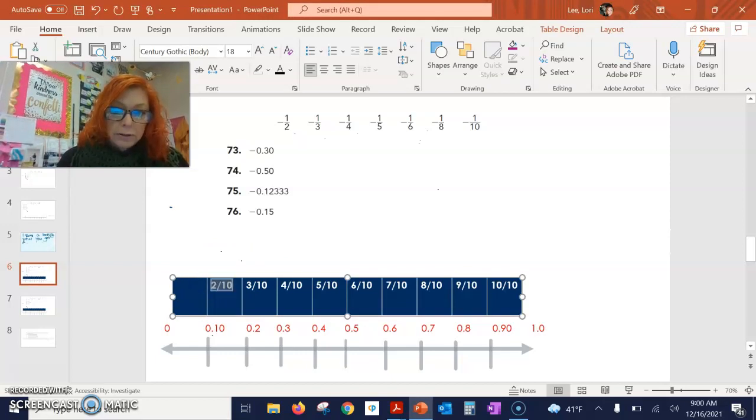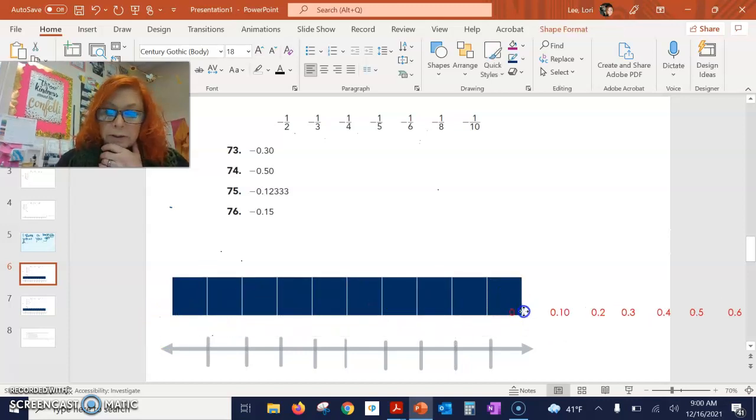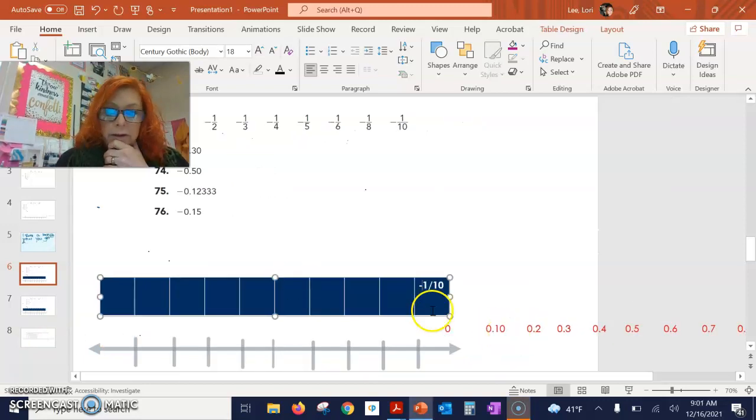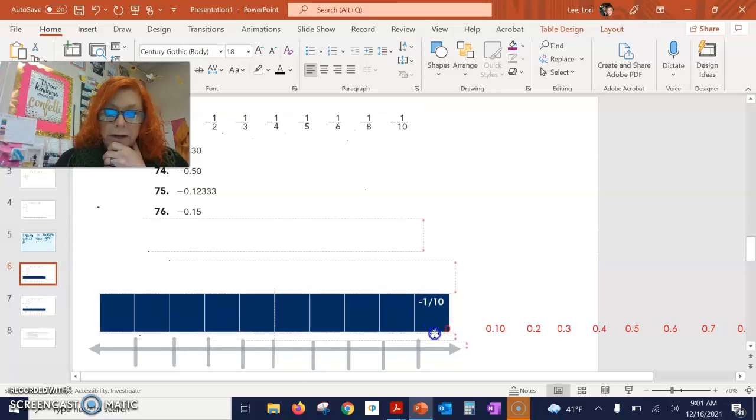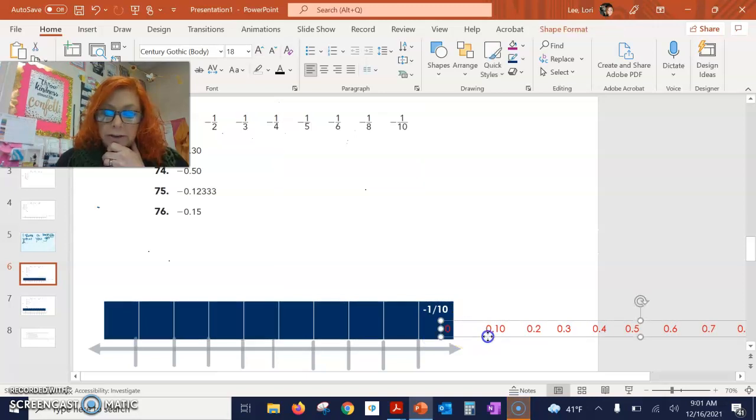Now, I'm going to delete all of these because, like I said, we're going to have to move these numbers over here to where I have 0 over here. Let's say I made my number line into a fraction bar, and I know that 0 is going to be on this side over here.